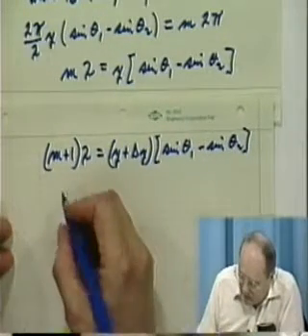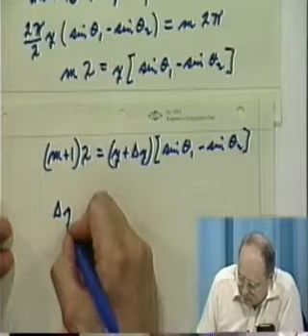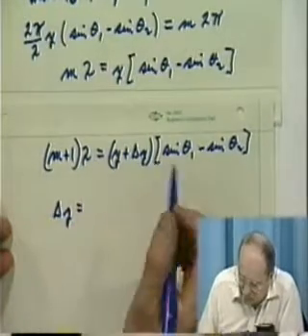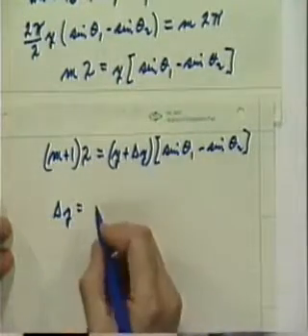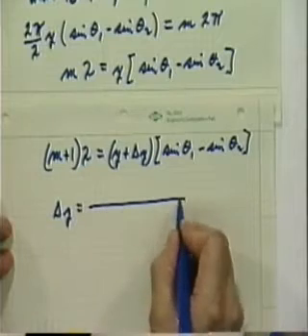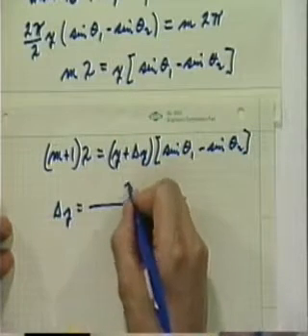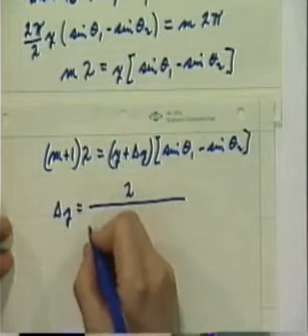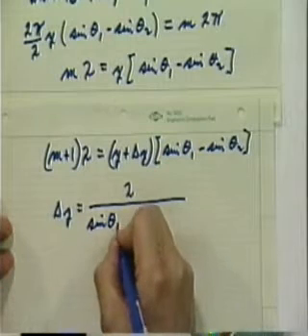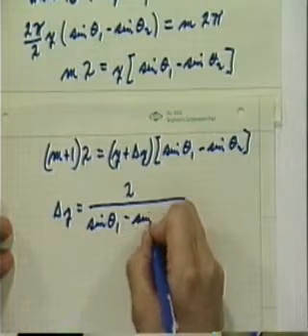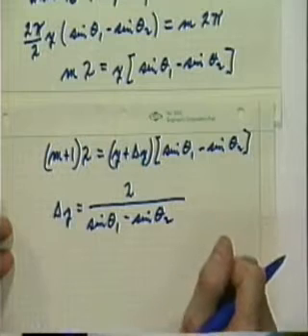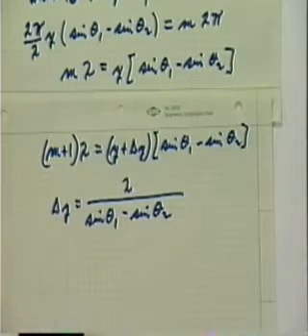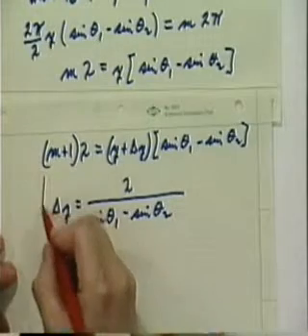And so from these two equations, delta y here will be equal to lambda divided by the sine theta 1 minus the sine of theta 2. And that's important enough, I'll draw a red box around it.